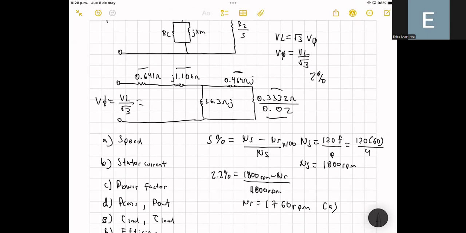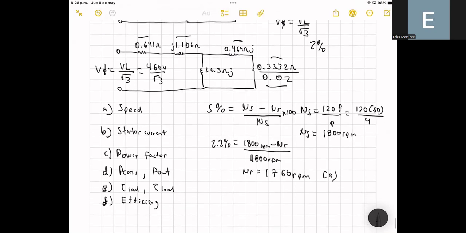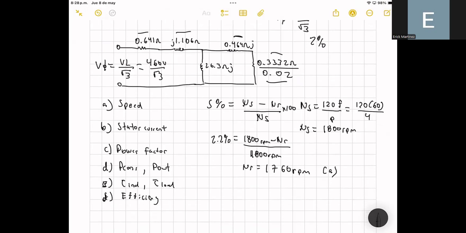In fact, the line voltage, based on the data given by the problem, is 460 volts, so the phase voltage is 460 volts divided by the square root of 3. In order to know the current that one of the phases of the circuit is demanding, we first need to perform the following.